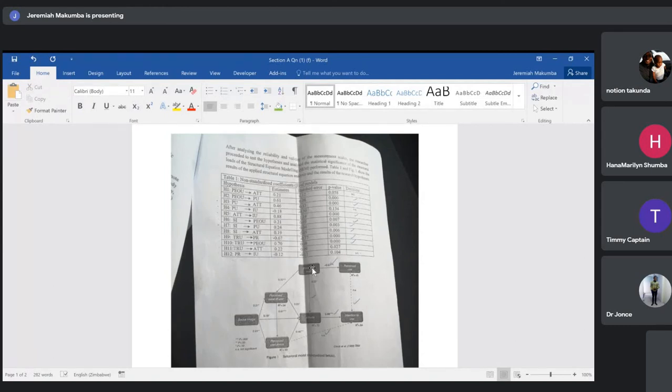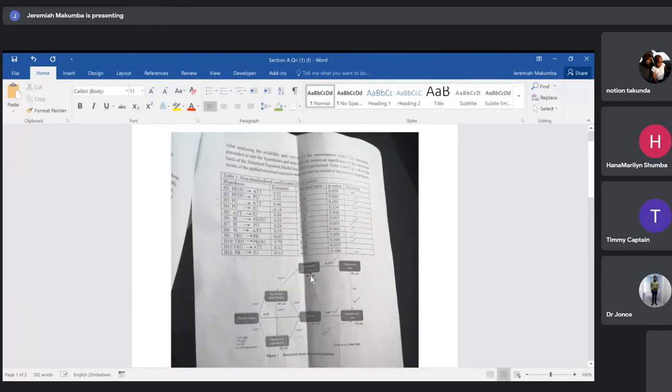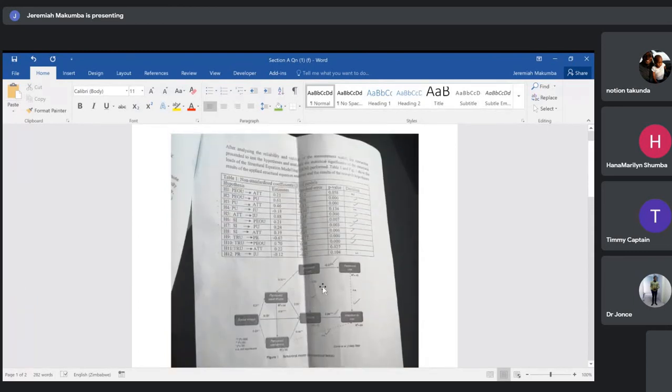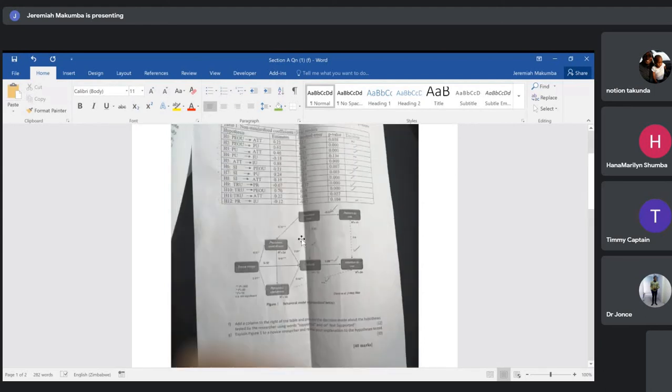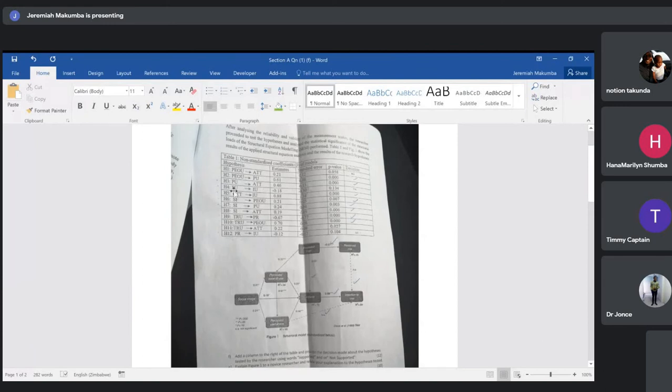This is what we have managed to gather. The question starts from a paragraph on another sheet. I'm failing to get that one. If someone has it, I may drop this one so that you can read from that side. Then from the question here, we are by now analyzing this table.